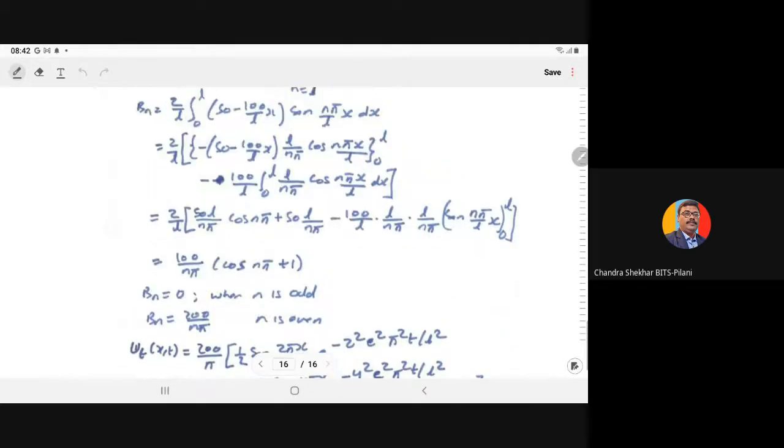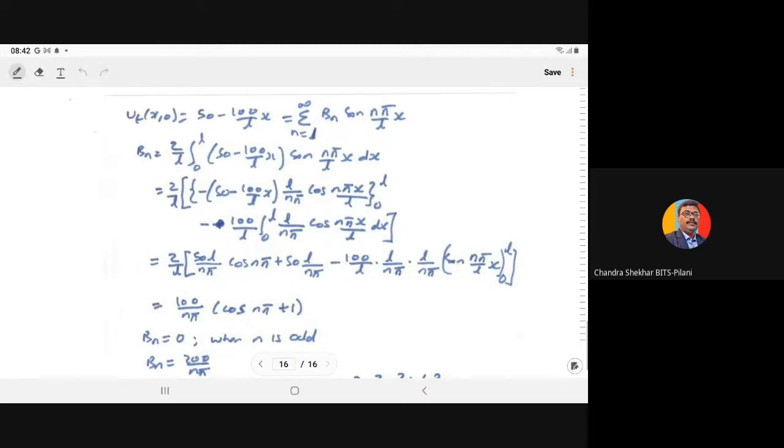Then we apply the initial condition, ut at t is equal to 0, which is 50 minus 100 upon L x, and it is equal to summation bn sin n pi x upon L. That is nothing but the Fourier sine series, where Bn is the Fourier coefficient, and that can be computed as 2 upon L integral 0 to L of 50 minus 100 upon L x into sin n pi x upon L into dx.